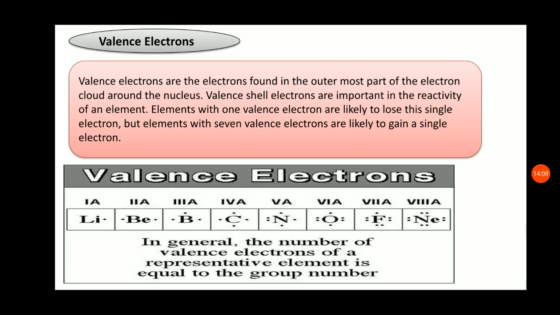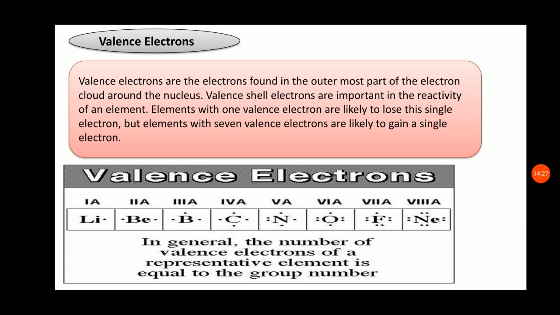Group 4A, the carbon family, has 4 electrons. Group 5A, the nitrogen family, has 5 electrons in the valence shell.